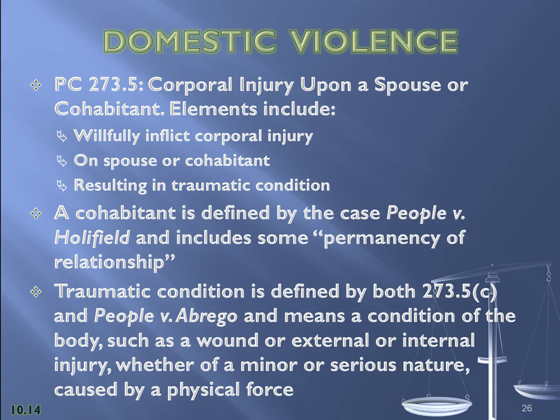And then finally, we're going to finish with domestic violence and talk about section 273.5, which defines domestic violence. The section really is called corporal injury upon a spouse or cohabitant, and the elements include willful infliction of corporal injury on a spouse or cohabitant resulting in a traumatic condition.